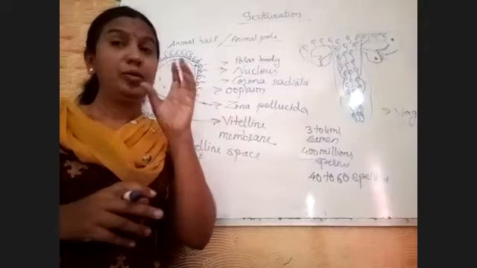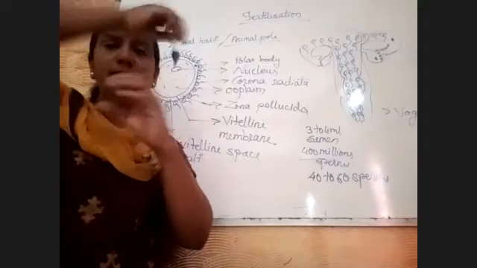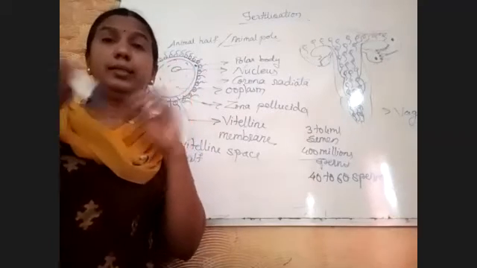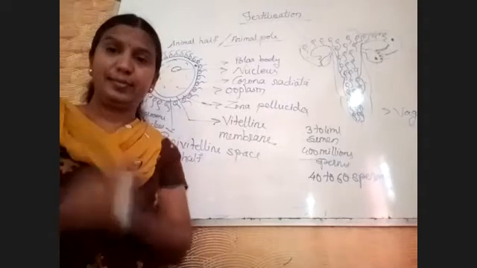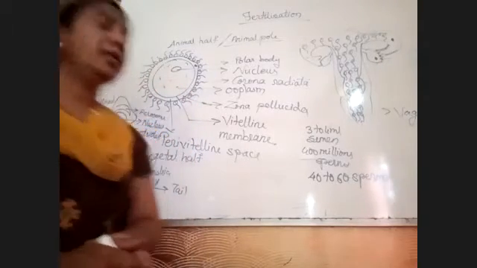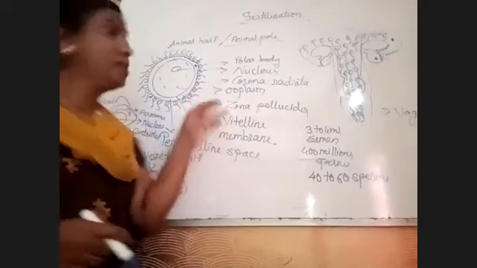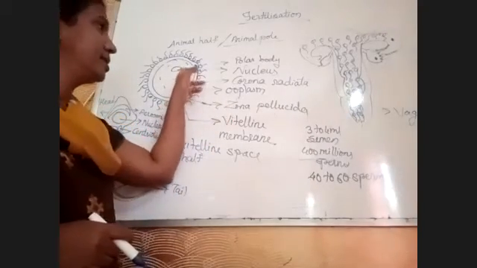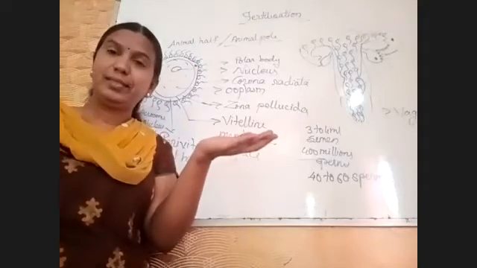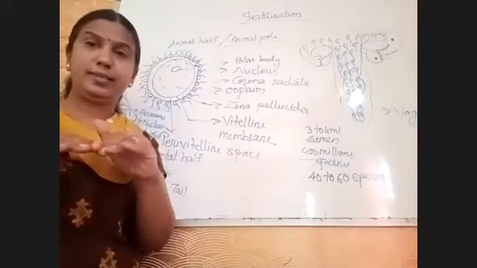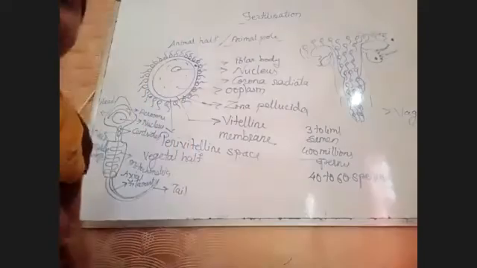The ovum is spherical, like a ball, so they will stick there so that they can enter. Only the sperm which is present on the nucleus side outside will enter, and the others will not.